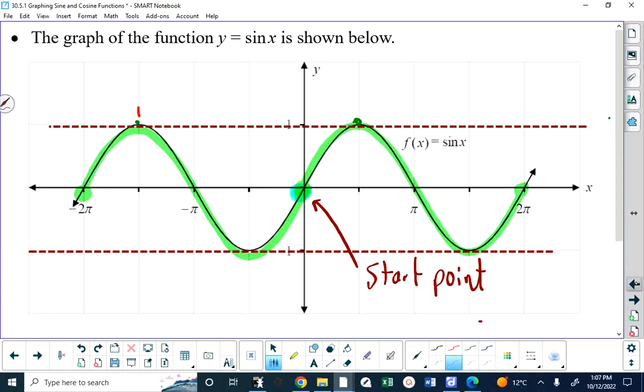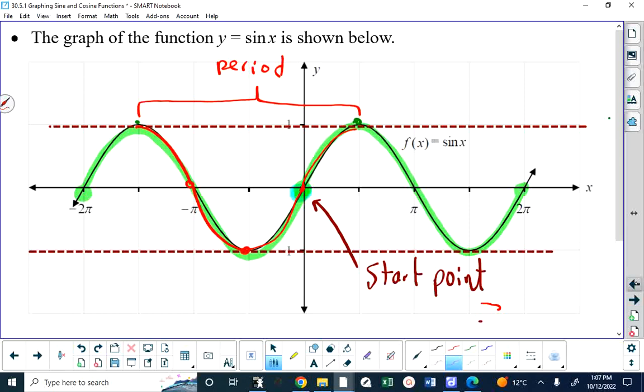So this is the period. It's one complete cycle. Do you get my drift here with the word cycle? One complete cycle will always have 4 pieces. If you look up here, down, down, up, up. 4 pieces.